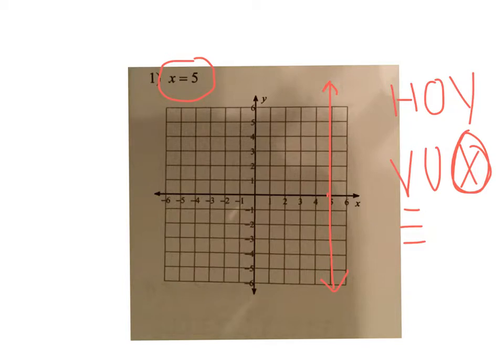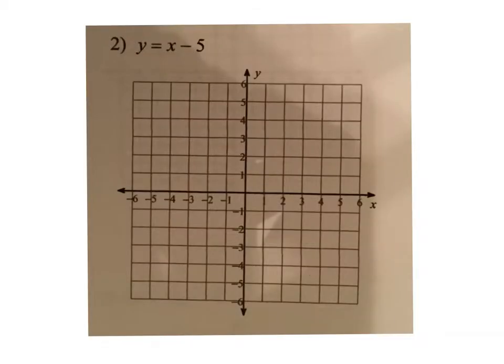So now let's try number 2. In number 2, it's not just that x equals a number or y equals a number. Instead, it's in our form y equals mx plus b. So we're going to start with our b, our -5. It's my y-intercept, so I'm going to go to -5 right there and put a dot.